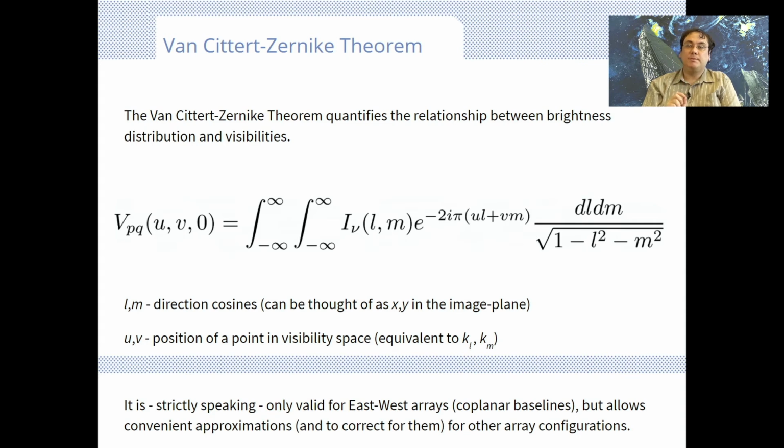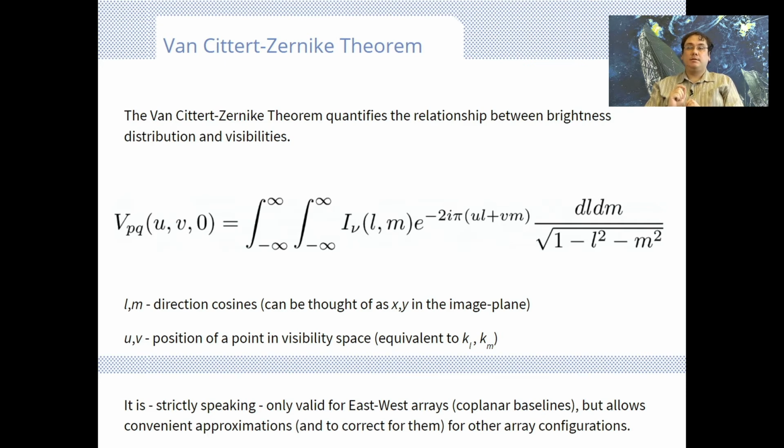Now, all this theorem says is, if we take a measurement on a projected plane where the W basis is set to 0, remember that W points towards the source that we're trying to measure. So normally that is at our fringe stopping center of the array.